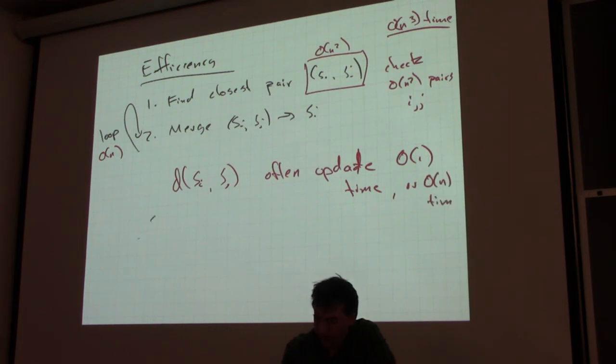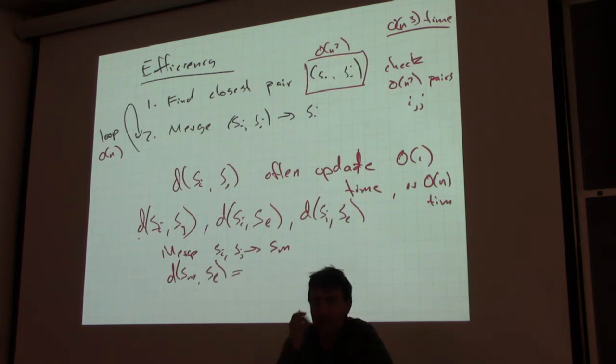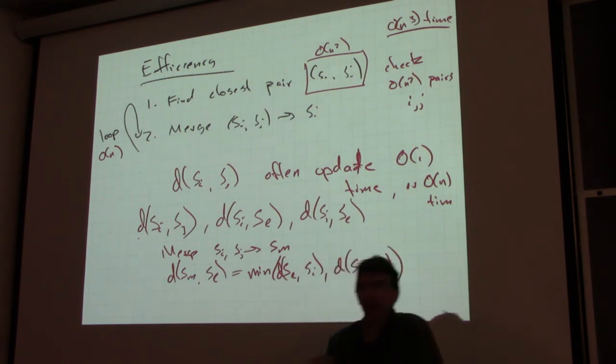If I have stored d of Si, Sl and d of Sj, Sl, and then I merge Si, Sj into Sm, then if it's like the shortest link, I can compute d of Sm, Sl as the min of d of Sl, Si and d of Sl, Sj. Right? So I can often update this quickly.